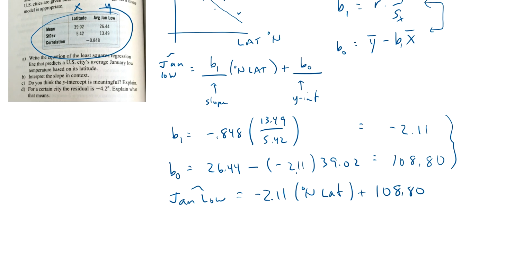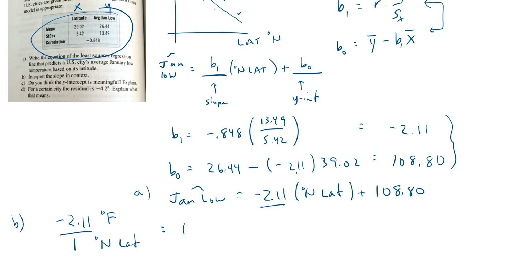B, interpret the slope. Remember, the slope is this guy right here, negative 2.11 degrees Fahrenheit. I can always write that as a fraction over 1 degree north latitude. So what does that tell me?